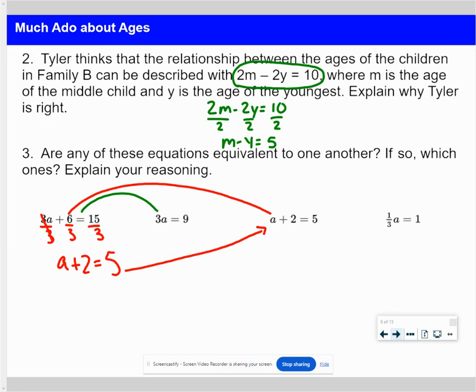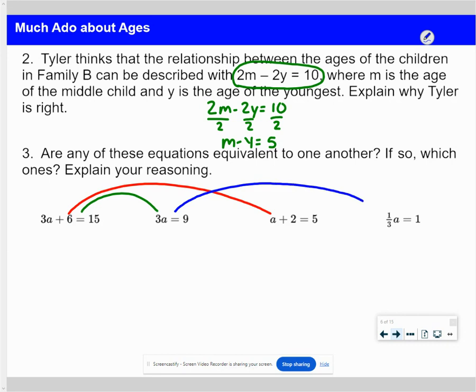All right. The last equation that they have up there, I don't think that I would go all the way back to that first equation to get it. I would like to look at these two together. Knowing that I want that 9 to go down to a 1, and I've got a fraction with the a, it looks like I'm going to be doing a division.